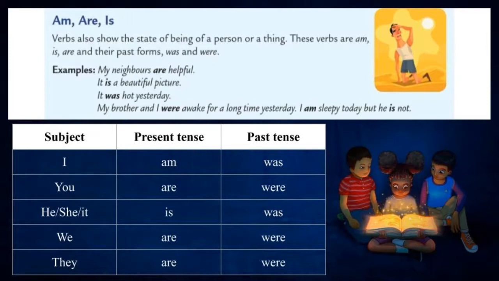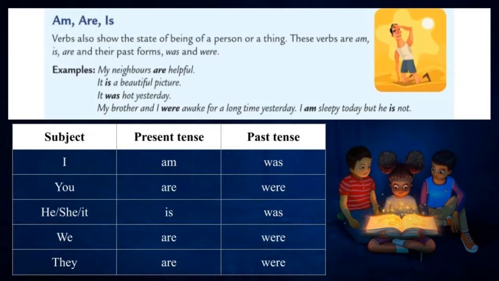But some verbs do not show any actions. They do not express any activity at all. But still, we say that they are verbs. They are the most important verbs. They are am, are, is, and their past forms are was and were.